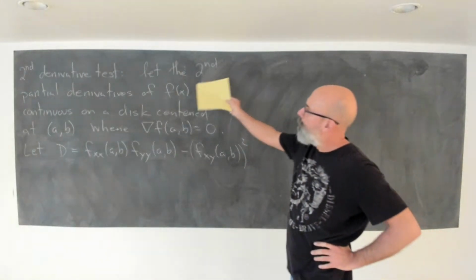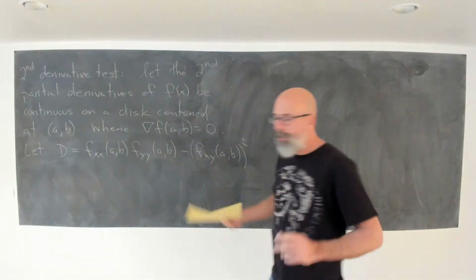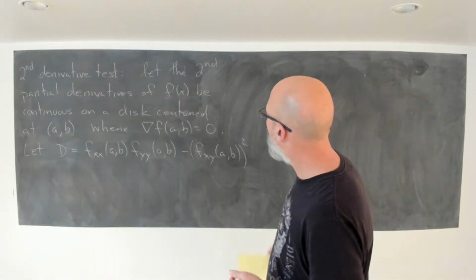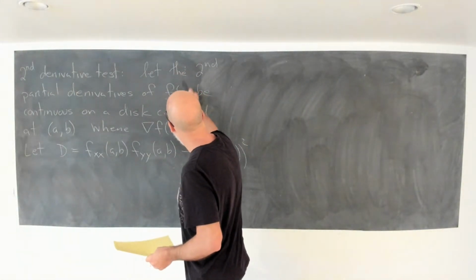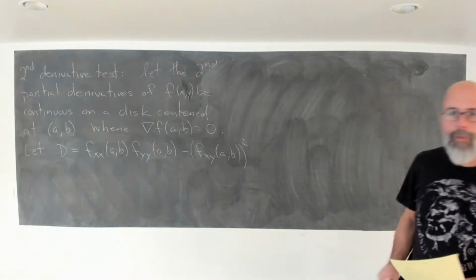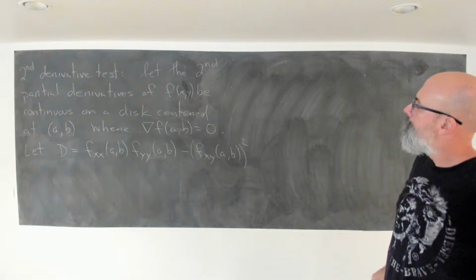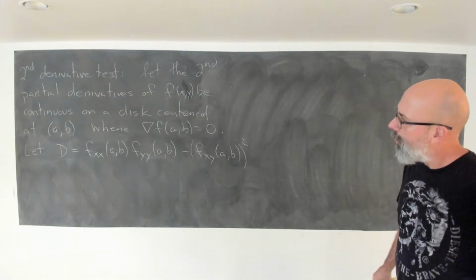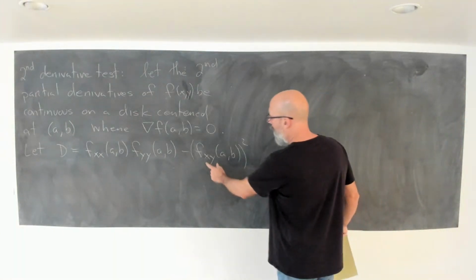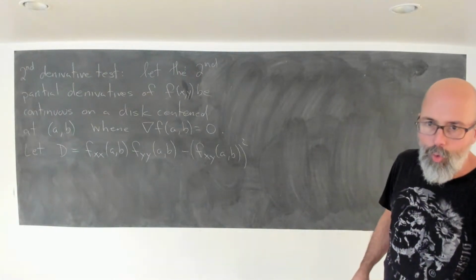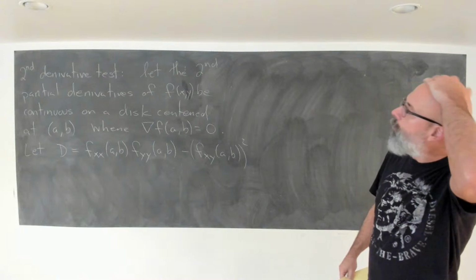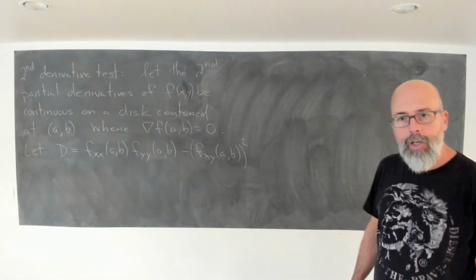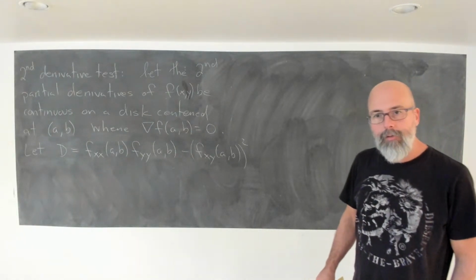By having the second partial derivatives be continuous on a disk, by Clairaut's theorem, you have f_xy. By having the second partial derivatives continuous on a disk centered at (a, b), you know that f_xy is the same as f_yx. So let's define D as this, which really incorporates all the second derivatives.